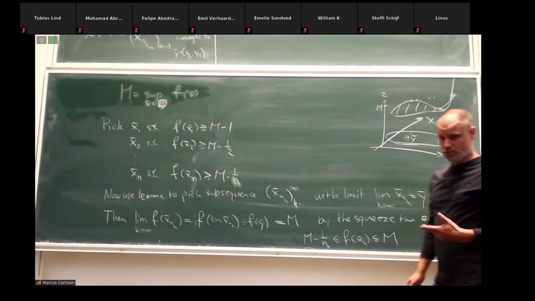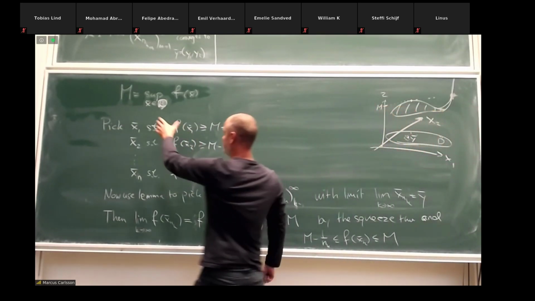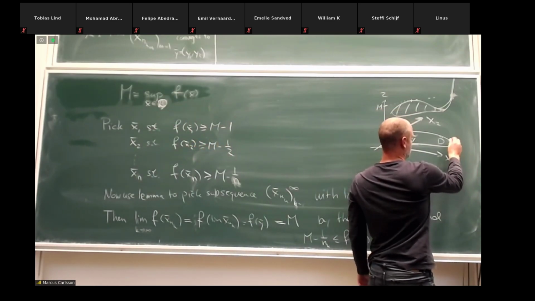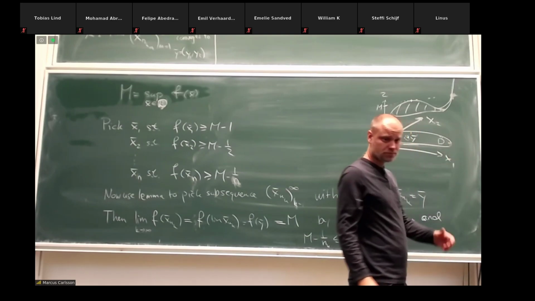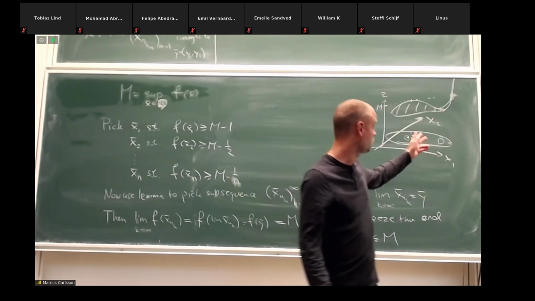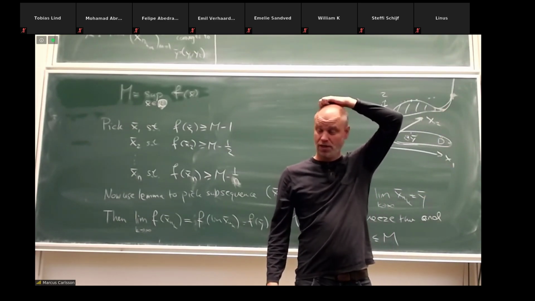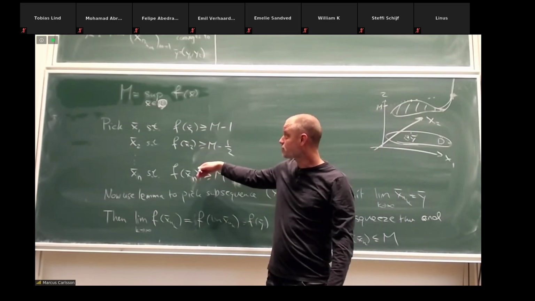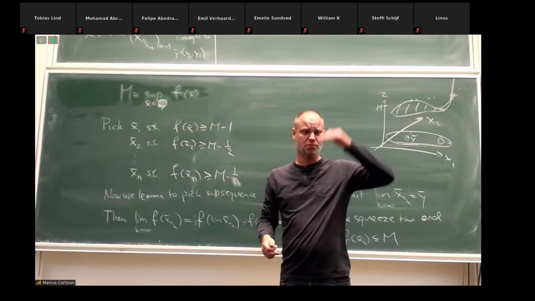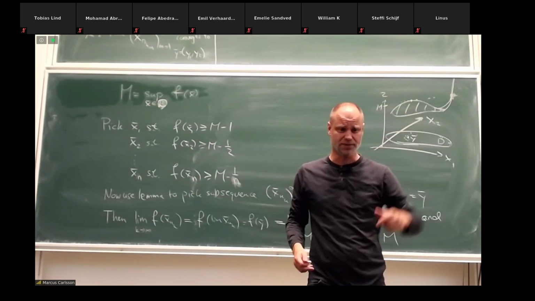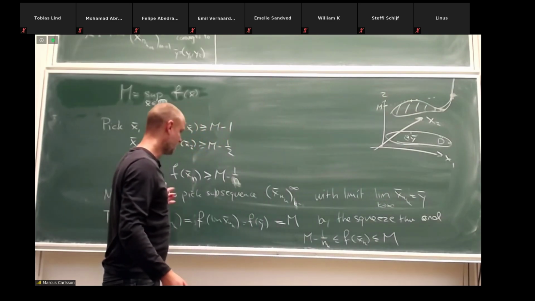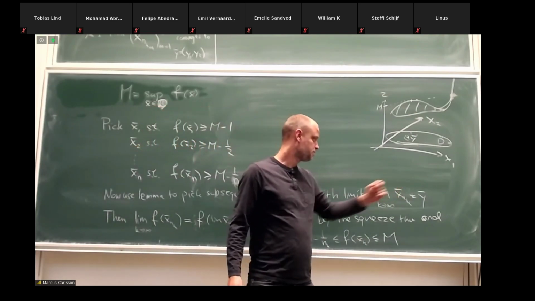Then you say, okay, if the supremum is infinity, then I can pick a sequence in this corner here, where the first function value is bigger than 1, the second value is bigger than 2, the third function value is bigger than 3, and so on. And then actually we're in a very similar situation. Now we have a bunch of points, f(x1), f(x2), and so on, that get bigger and bigger and approach infinity. Then you use the lemma to pick a subsequence that converges to some point.